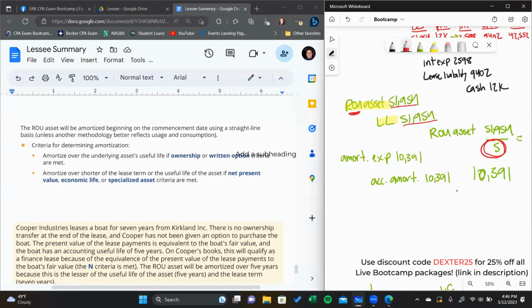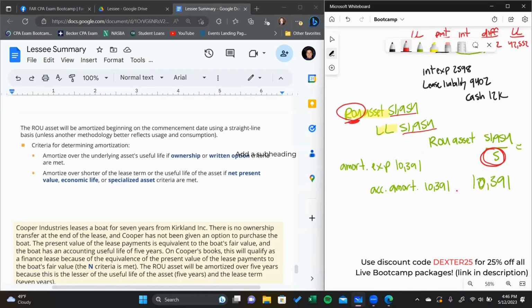So if for whatever reason they gave you a problem where the lease liability does not equal the ROU asset, you want to make sure that you amortize based off of the ROU asset. Now, in this problem, the lease liability and the ROU asset equal the same thing, so it's not a problem. We can just use the 51,954.